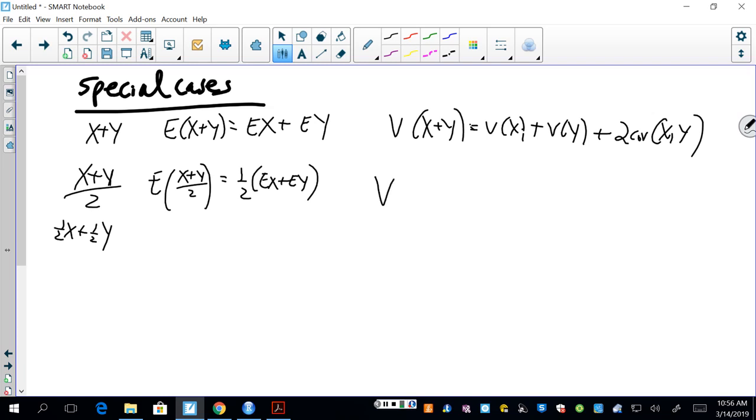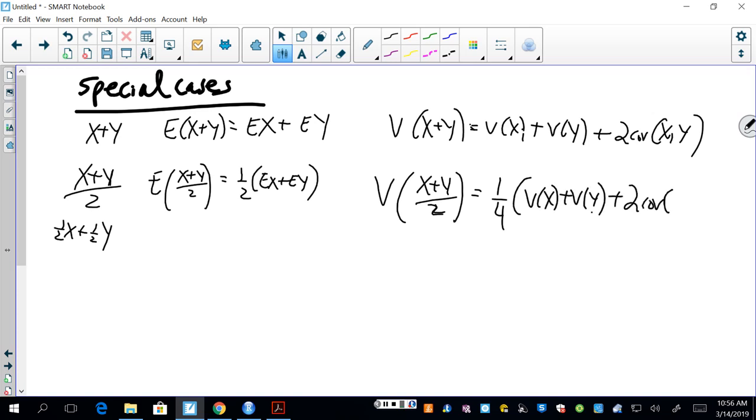What's the variance of the average? Well, that 1/2 out there, in variances, when you multiply by something, it gets squared. Variance is always squared. So you end up with a 1/4 times the variance of x plus variance of y plus 2 times the covariance of x and y. That's going to be that.